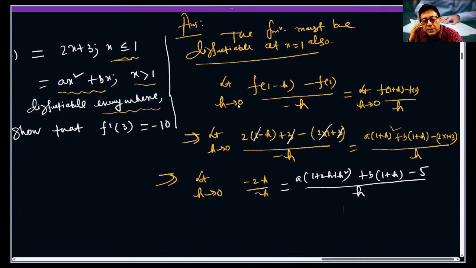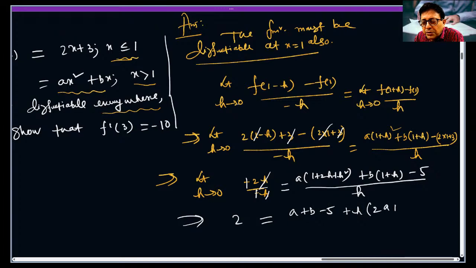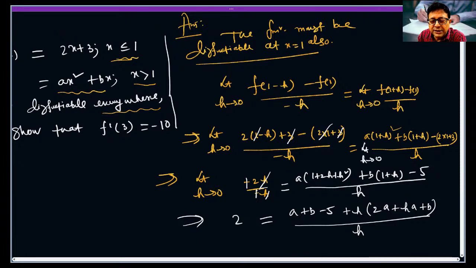Okay, so you just simplify it, strike h out, 2 equal to, you take constant terms together, a plus b minus 5 plus h into 2a, h we are taking common, 2a plus ha plus b by h, and this thing is limit h tending to 0.